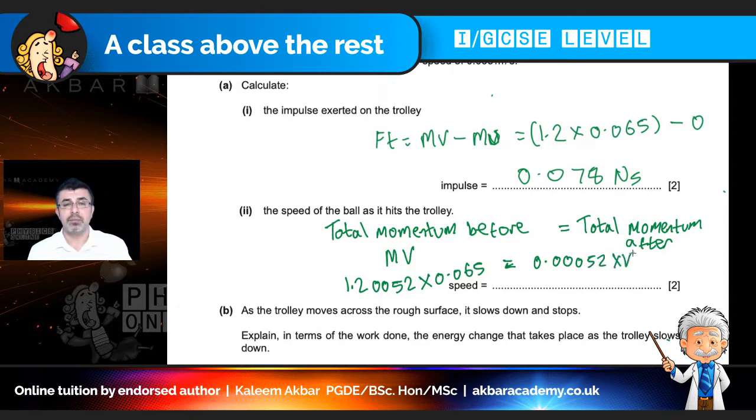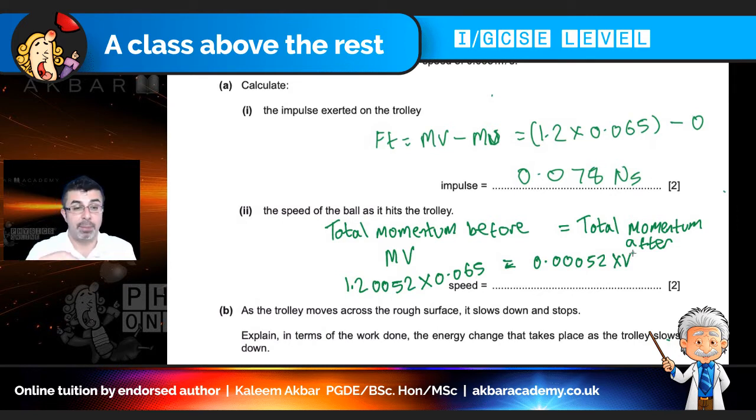Okay? Now, why did I do this? Remember, they gave us the mass of the ball in grams. It was 0.52 grams. To change that into kilograms, we've got to divide 0.52 by 1,000. So the momentum equation is 1.20052 times 0.065, which equals 0.00052 times v.